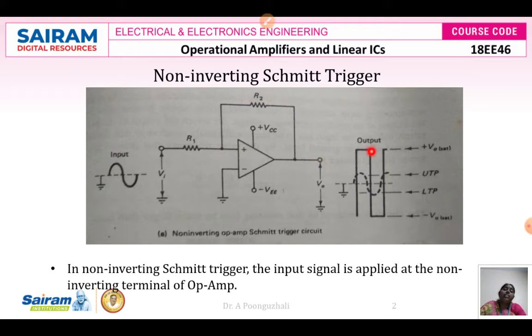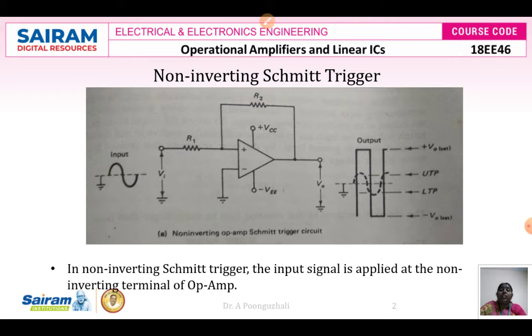So my output will change from plus Vsat to minus Vsat. When it is at minus Vsat, again my input voltage becomes positive, the voltage at this point becomes positive, and my output voltage will be positive, so the output goes from minus Vsat to plus Vsat.